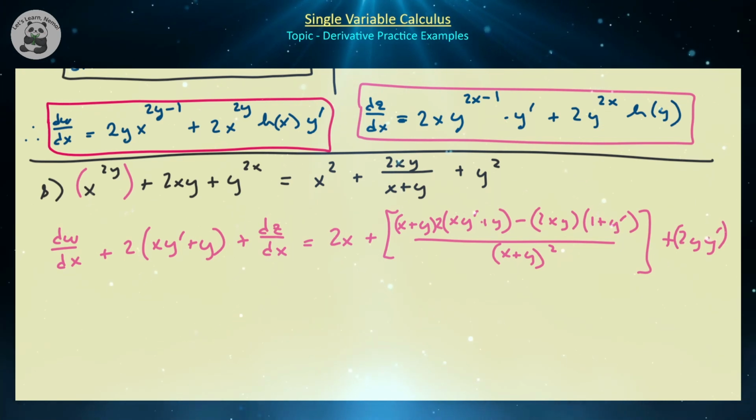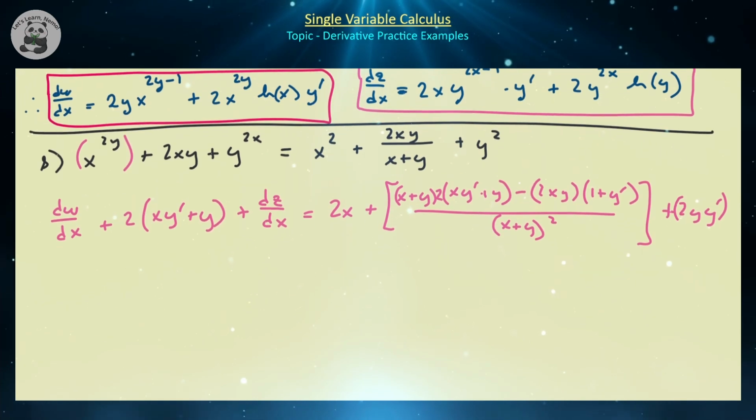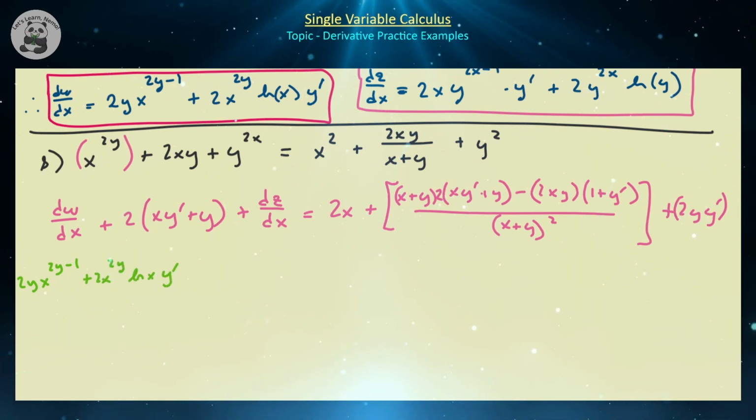All right, so let us substitute our ugly dz and dw expressions into this, and let's go as quickly as possible. So we're going to have 2y x to the 2y minus 1 plus 2x to the 2y ln of x y prime. And then let's just distribute that.